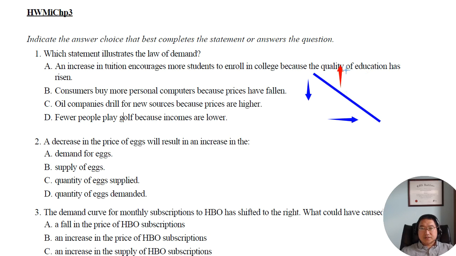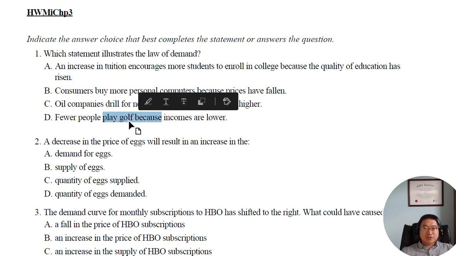Higher price, lower quantity demanded. Okay, lower quantity demanded. It's a price and quantity demanded relationship. This choice is about choice D. It's about what? Income and the need for golf games. So they are different.